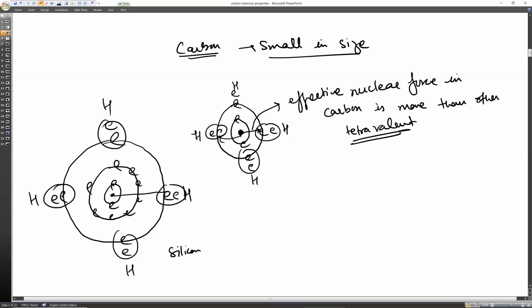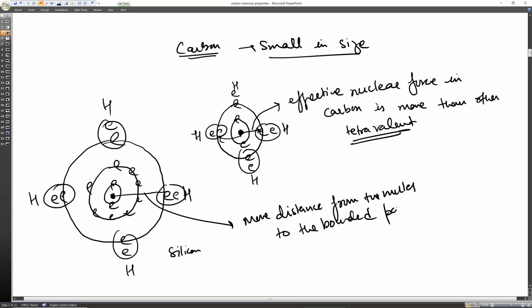Why? Because the nucleus is far away, there is more distance from the nucleus to the bonded pair of electrons.